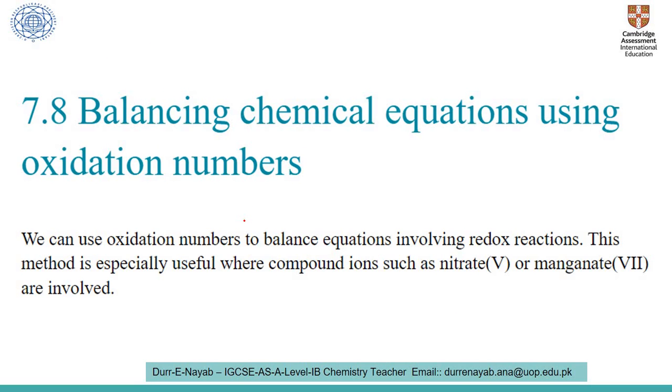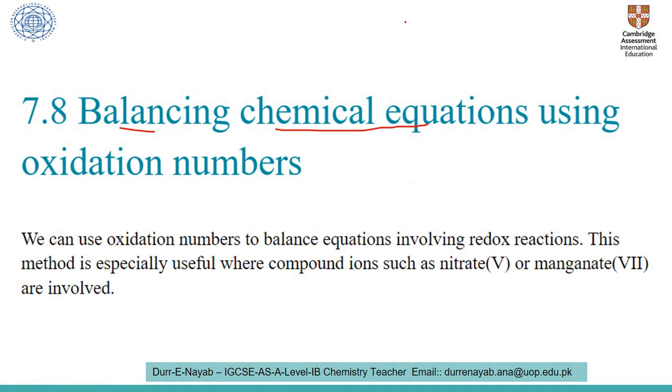Now we are going to proceed to the new topic, that is 7.8, balancing chemical equations using oxidation numbers. We have many methodologies. We have the ion electron method, and the oxidation number method. A chemical equation, like the charges, the atoms, the water molecules, can be balanced by two methods.